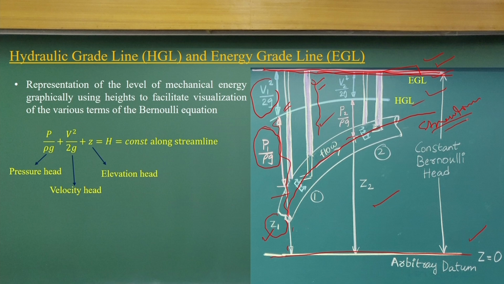For these streamlines we are drawing the energy gradient line, and we are drawing the hydraulic gradient line. The hydraulic gradient line does not consider velocity head, it just considers pressure head and elevation head. Just like you put a piezometer, then you get the pressure head, and the elevation head is also known to us.